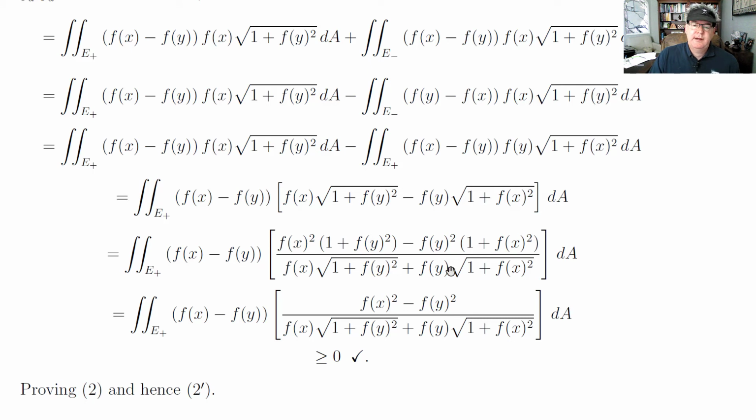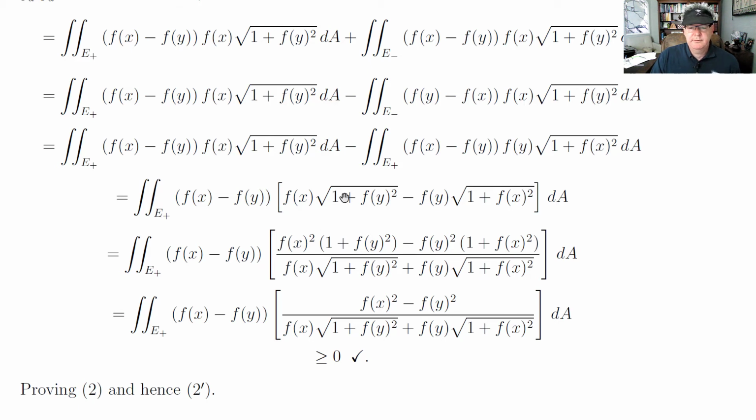And then to simplify, think of this as a fraction divided by 1. Multiply top and bottom by its conjugate, which would be this. So the top times the conjugate, if you FOIL, outer and inner cancel, and you're just left with this minus that.